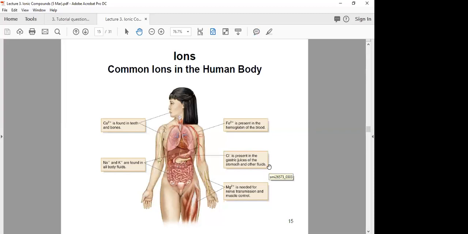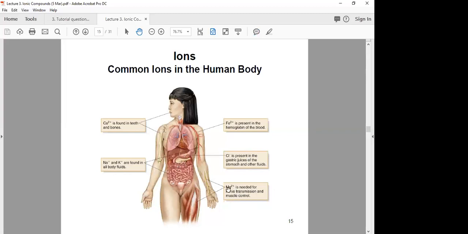Once again, the chloride anion is incredibly important in plant processes as well. Chloride is one of the major ions that actually regulates water loss through the pores in the plant leaf, and also the ability of the plant to intake carbon dioxide.